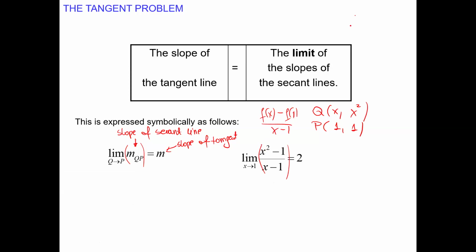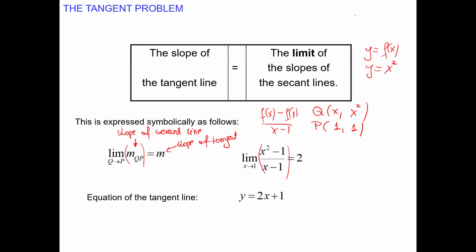The function was defined as x squared. We can see that's actually just rise over run. And we know, I'm just using the previous 2 slides, we know that is 2. Okay, and now I can finish the question.